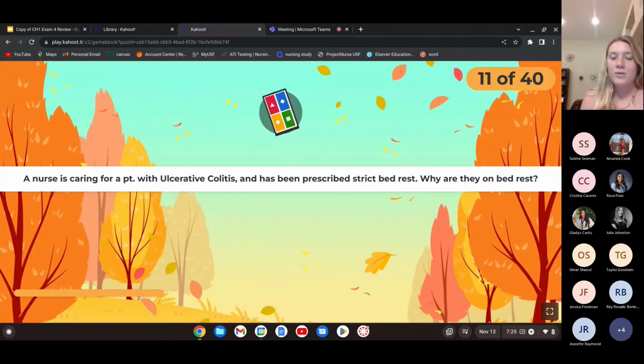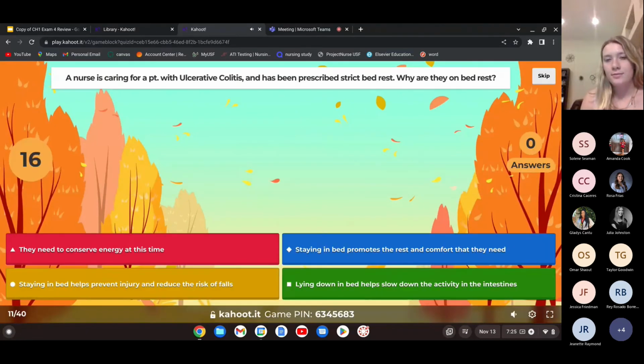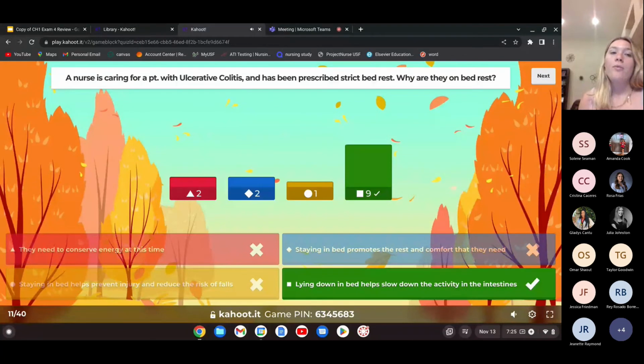A nurse is caring for a patient with ulcerative colitis and has been prescribed strict bed rest. Why are they on bed rest? Awesome.